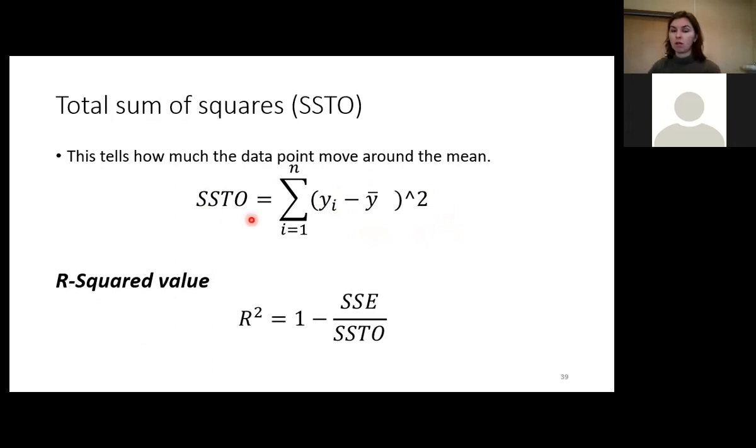It means that all our values lie on the line of the mean. And it means that when the predictor changes, the response doesn't change its value. So we have the same target for all predictors, so we have no relationship actually. And in this case, if you have small SSTO, the R-squared value will be quite close to 0.